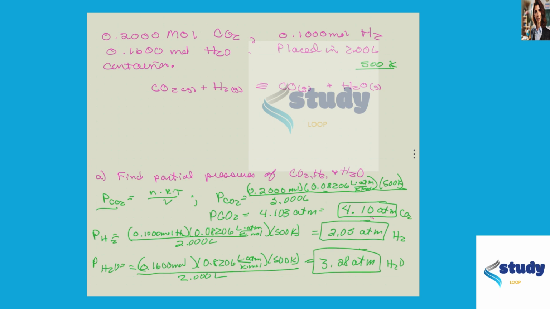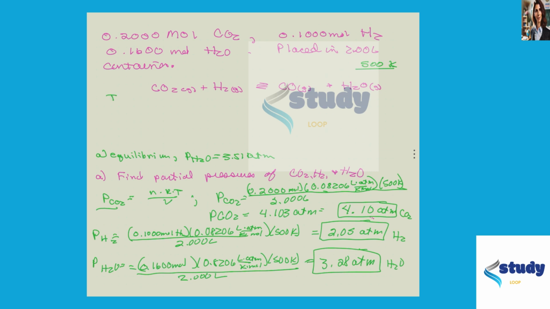Okay, now my next question is to calculate what else there will be at equilibrium. My partial pressure of H2O is equal to 3.51 atmospheres. And then we're asked to calculate the partial pressures of everything else.